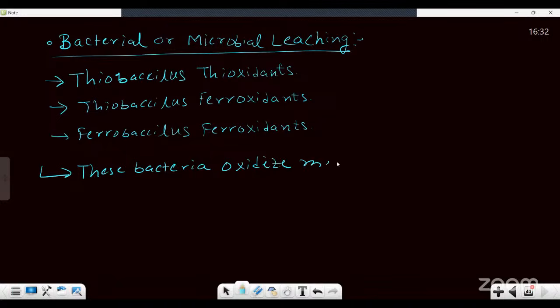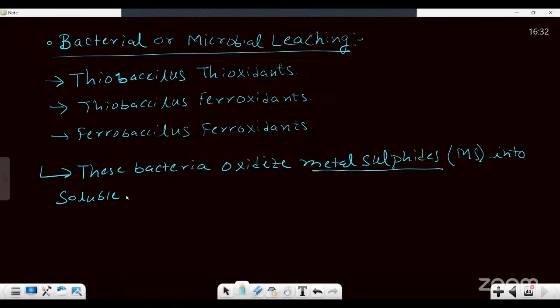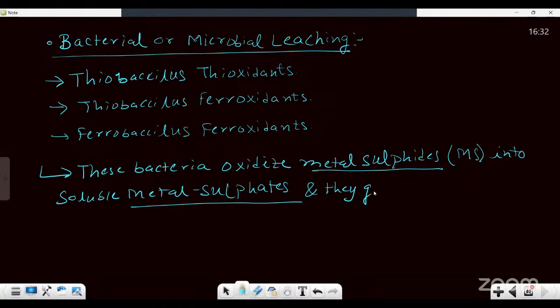And they get energy from the process. They are oxidizing it, and for oxidizing, they are getting energy. So the bacteria act as biocatalysts.